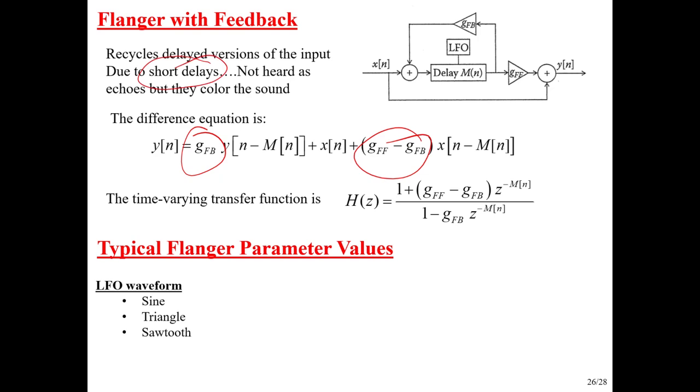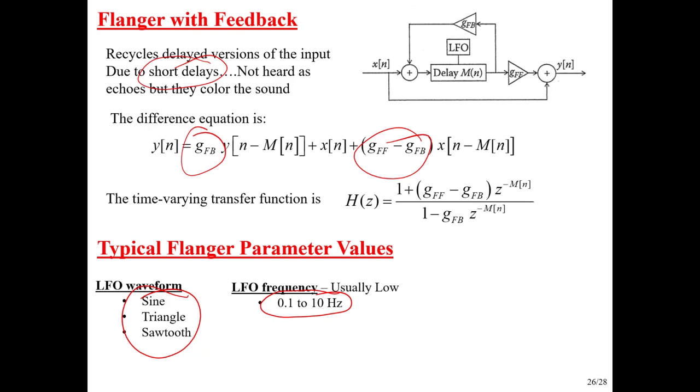So let's look at some of the parameter values here for flanger. So as we already said, our waveform shapes can be one of those 3. Sine is kind of the default, but the other 2 give some interesting sounds. The LFO frequency is usually pretty low, 0.1 up to 10 hertz. Remember, that's not trying to make a wiggle like we did in vibrato.